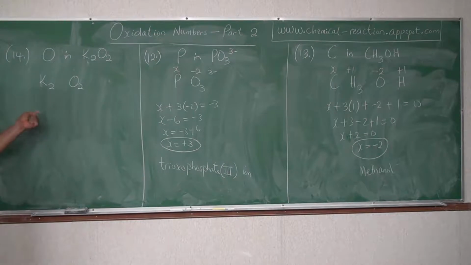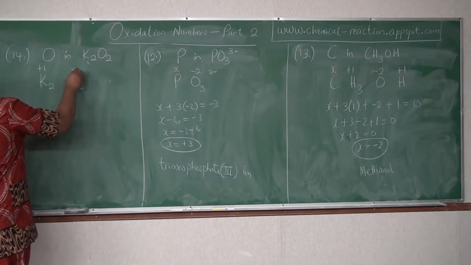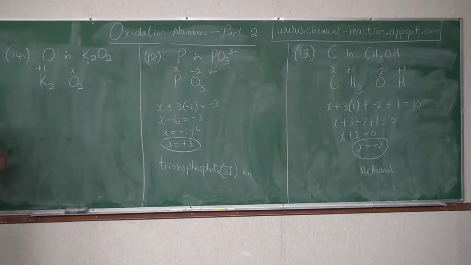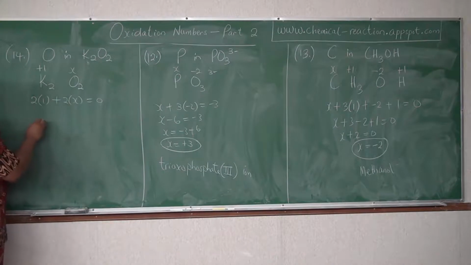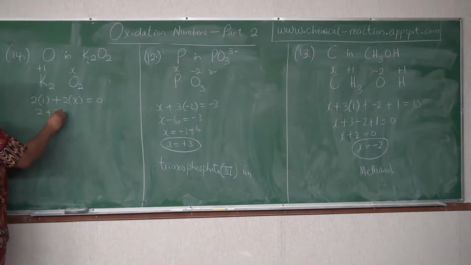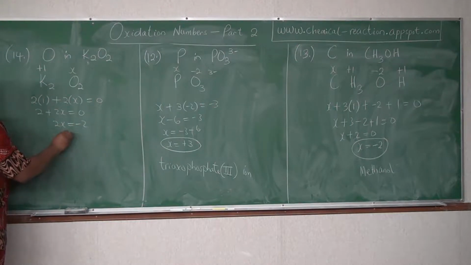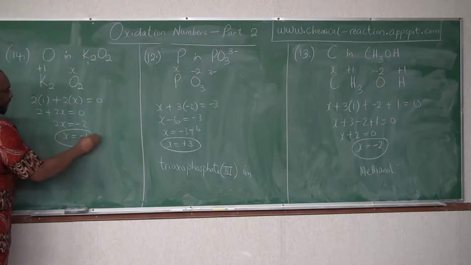Of course, the oxidation number of potassium here is +1, and oxygen, let's call it X. So 2 times 1 plus 2 times X equals 0. So 2 plus 2X is 0, 2X is -2, X is -1.